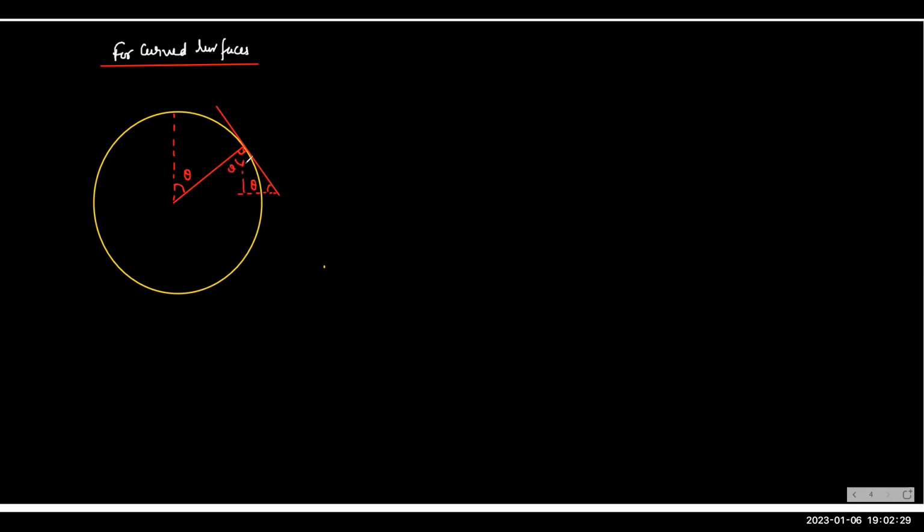If this is theta, this will be 90 minus theta, so this will again be theta, because this is 90. So remember that whenever you turn by theta from vertical and draw a tangent, the angle of inclination of the tangent with the horizontal will be theta. You can do it with simple geometry if you want. So is this part clear? Yes or no?